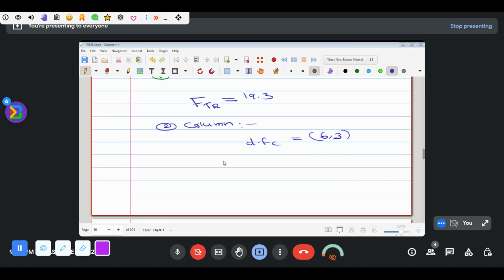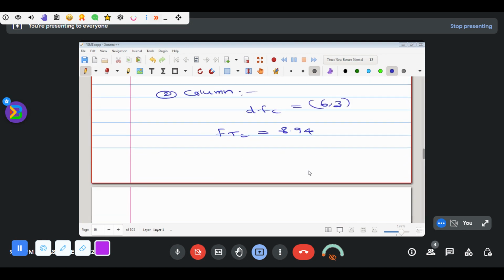The corresponding F test table in the column. What is the result? Down 6, 3 point... 8.94. Yes, 8.94 is correct.